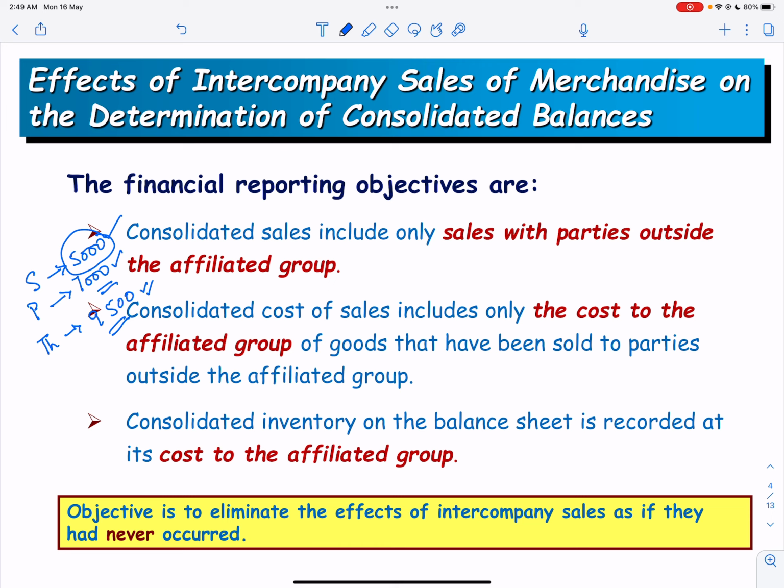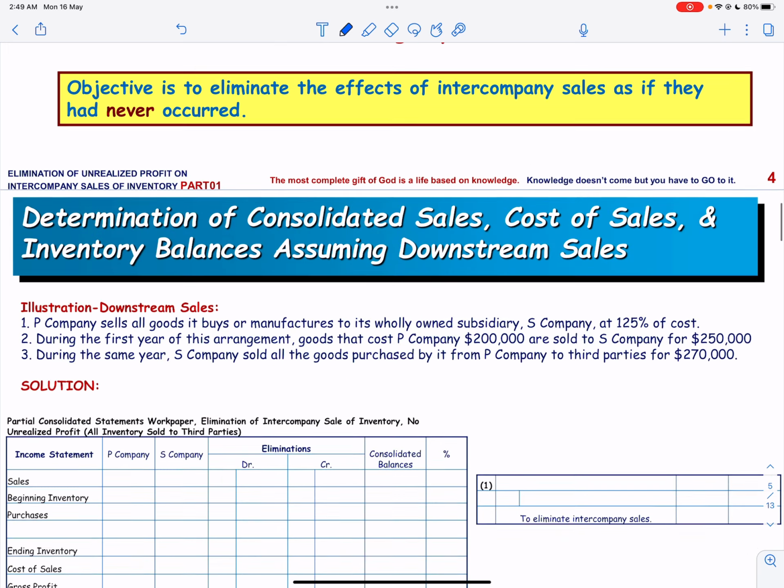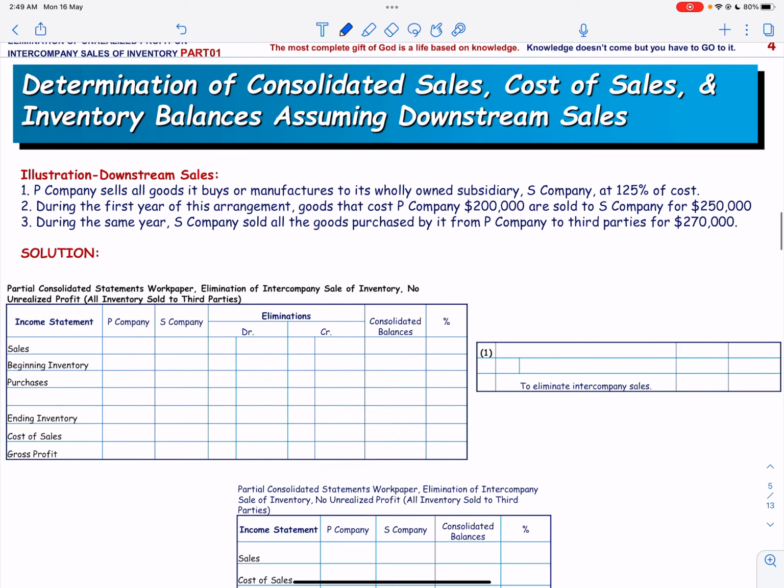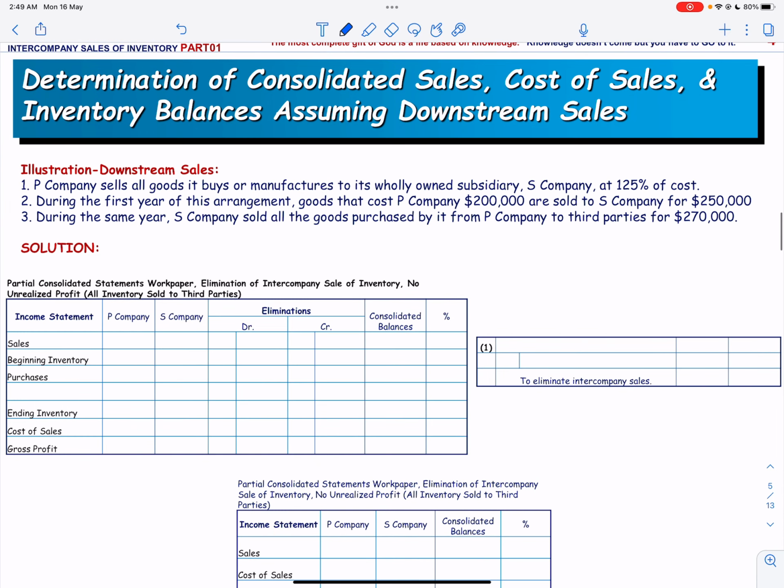Let us look into a basic work paper eliminating entries that are required because of intercompany sales of merchandise. P company sells all goods it buys or manufactures to its wholly owned subsidiary S company at 125% of cost.